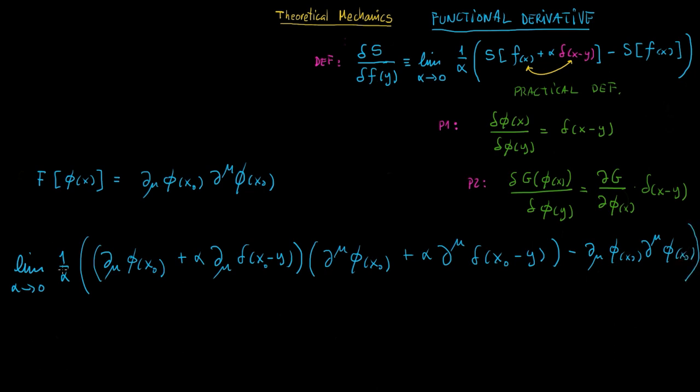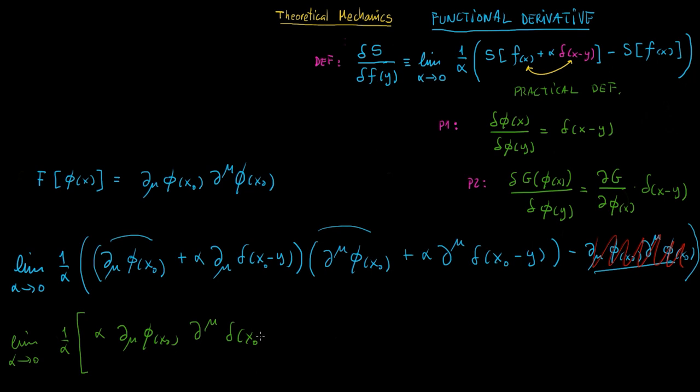This is going to be this times this, which will cancel with this. So the terms that will survive will be partial mu phi x0 times alpha partial mu delta x0 minus y plus alpha partial mu delta times partial mu phi x0.